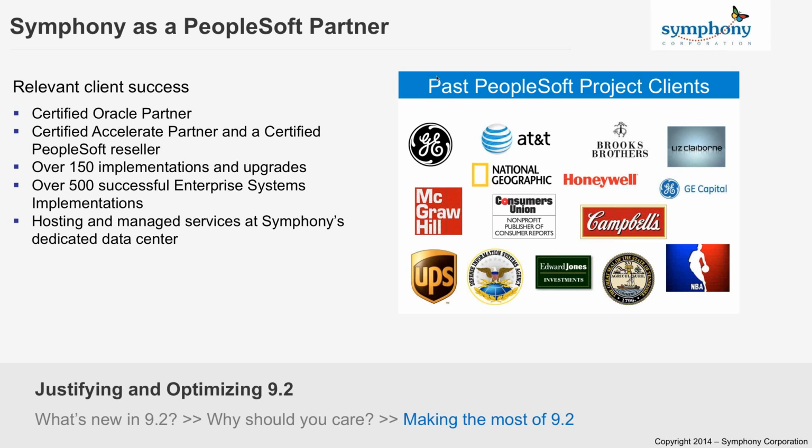To date, we've done over 150 implementations and upgrades, and over the past year, numbering well over 500. We also do a lot of this work in our hosting facility, which takes the burden off of your IT resources.